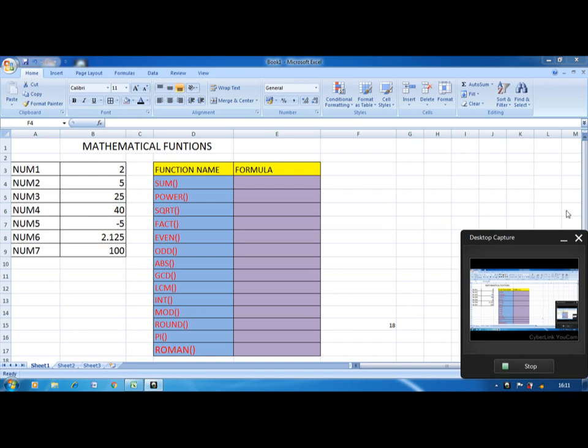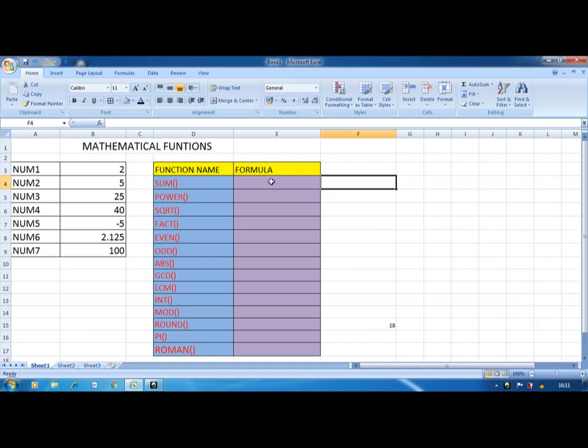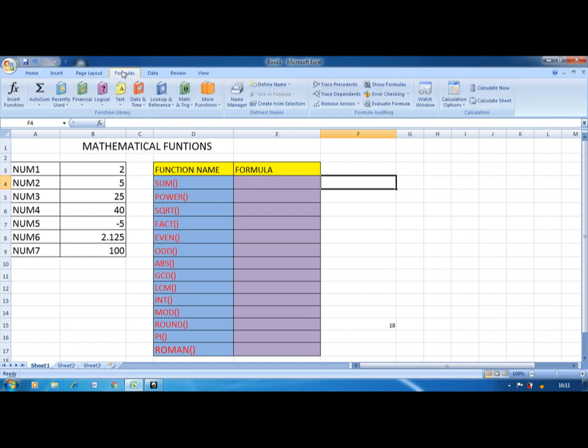Hello students. So in the last class we just started the formula step. I explained how to insert a formula. We can insert the formula in two ways. If you know the formula at the time, directly in the formula bar type equal sign and write the function name.